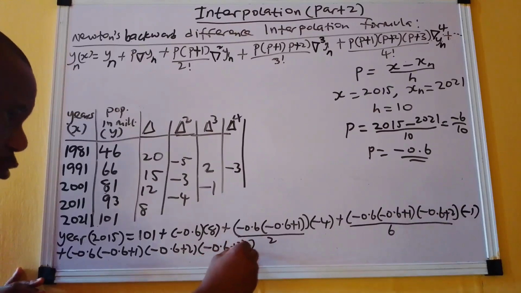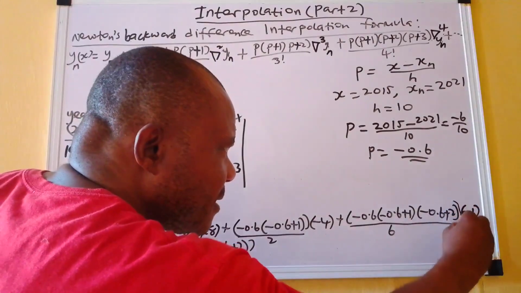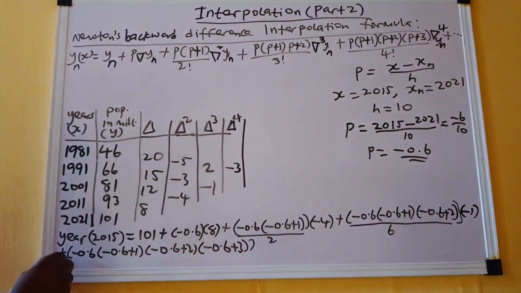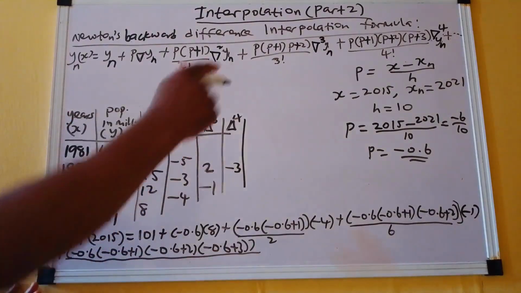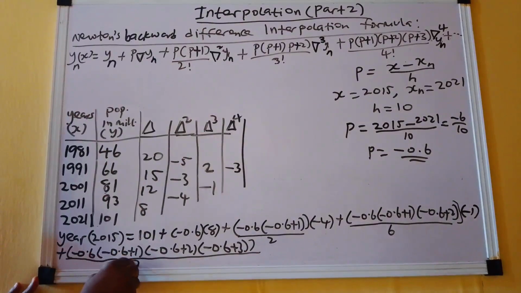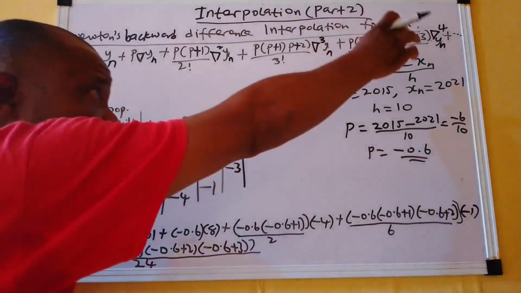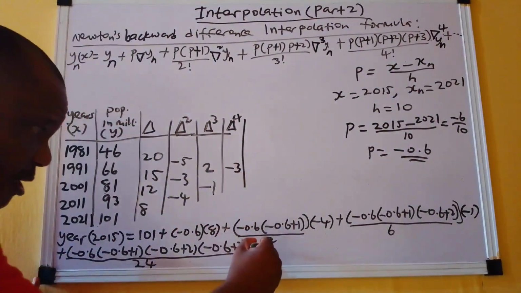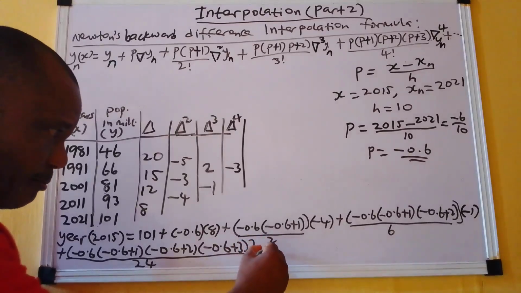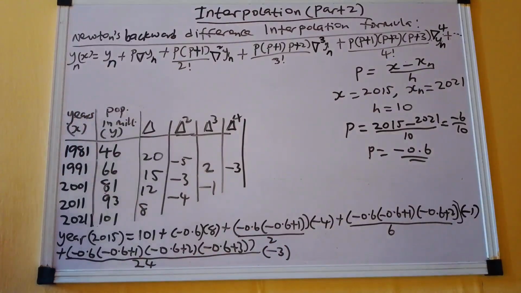You cover the bracket and you cover the bigger bracket. Then all over 4 factorial, which is 24. And the last value, the fourth backward difference, is minus 3. So you put this minus 3 in bracket.